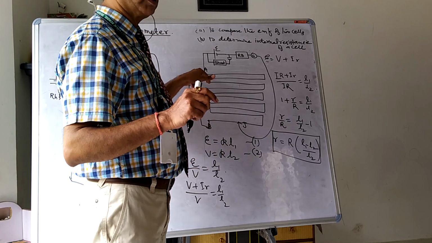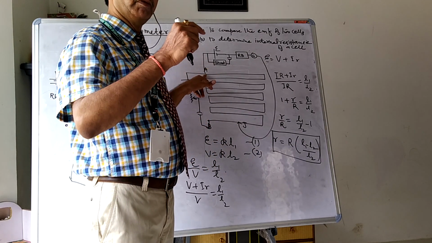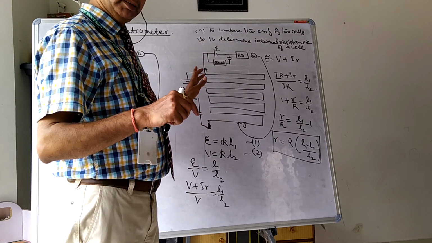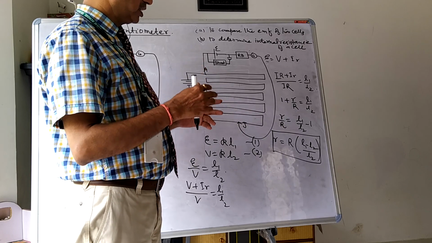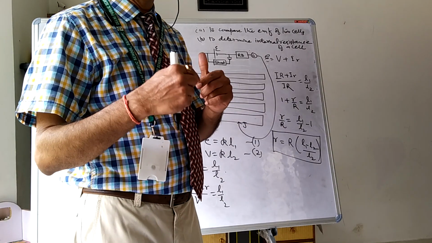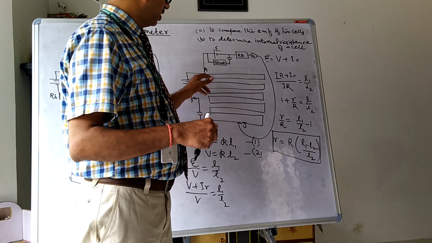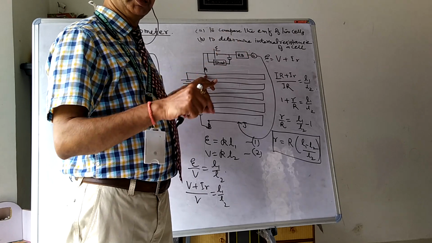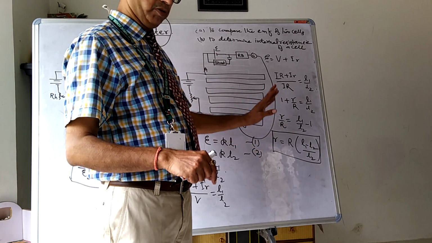So the 0 will start from the point where the positive terminal is connected, and the reading will start from this end. While doing the experiment, there is a chance of error in measuring the scale, so you will have to look at where you have connected the positive terminal.